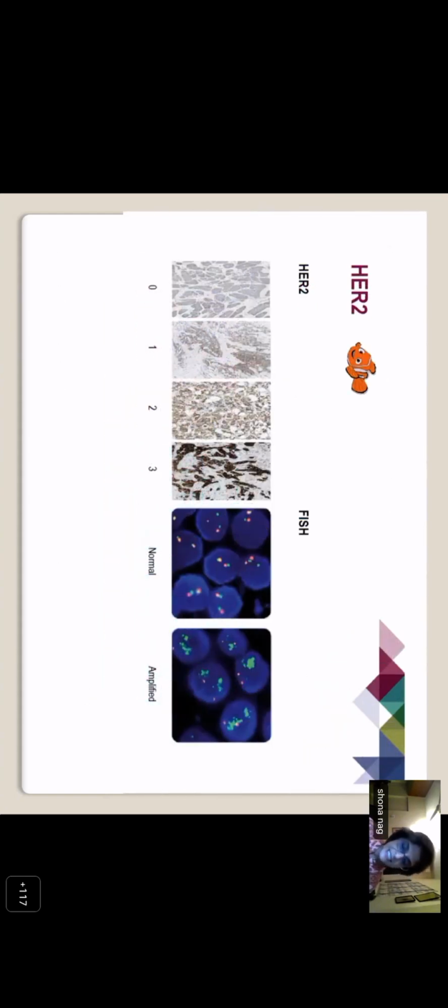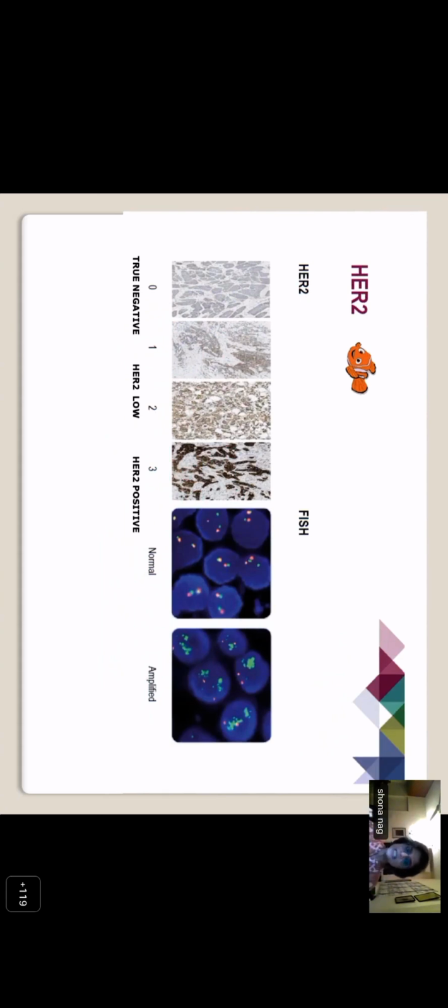The HER2 is the most fascinating receptor, and we go on IHC from 0 to 3, and by FISH we have amplified with a ratio more than 2, or we have a copy number of more than 6, and there are a lot of intermediates in between. This new entity, Dr. Baljeet will also talk about.